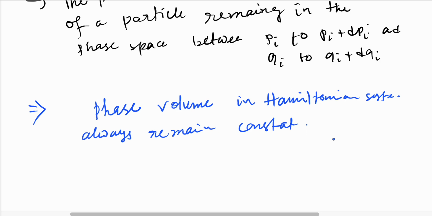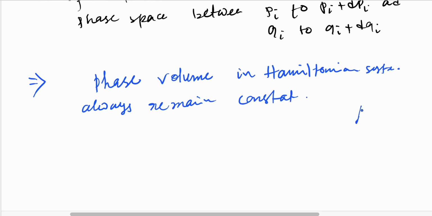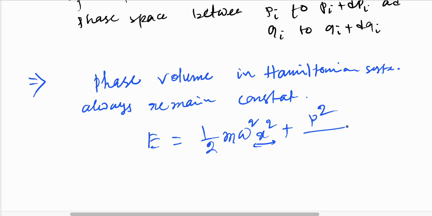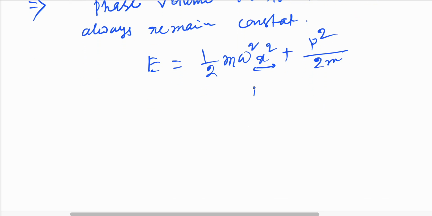Give me an example: suppose a simple harmonic motion whose energy is half m omega square x square, with x the position, plus p square by 2m for the momentum. So in one dimension the phase space will be a sphere.